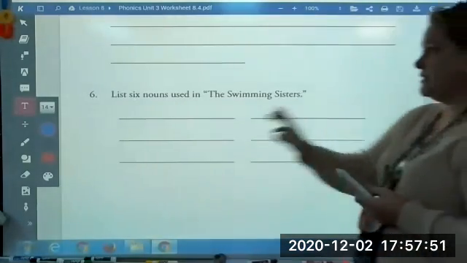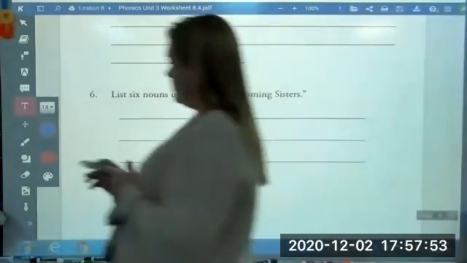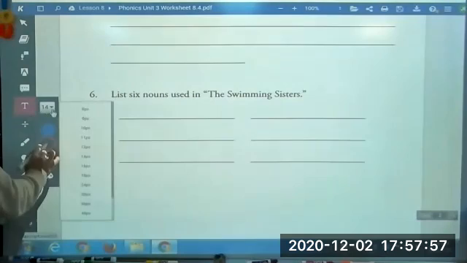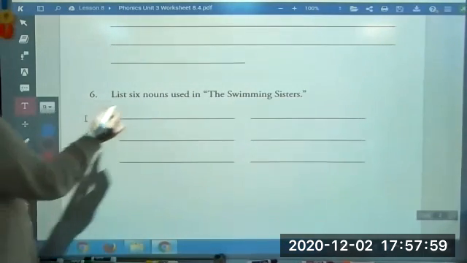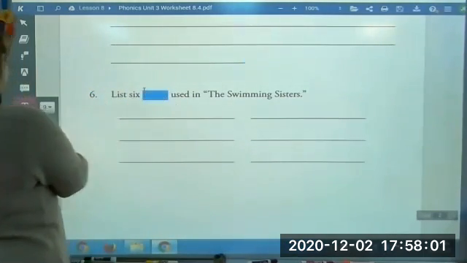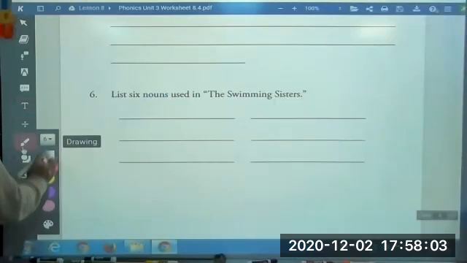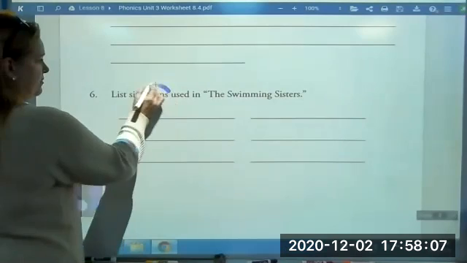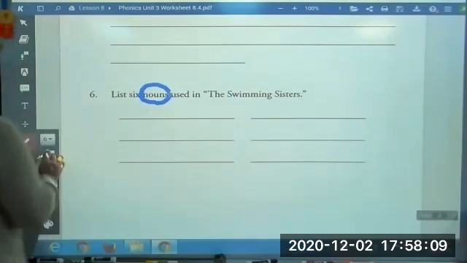And then on the bottom, you're going to list 6 nouns. You guys remember what a noun is, right? Everybody remember what a noun is?